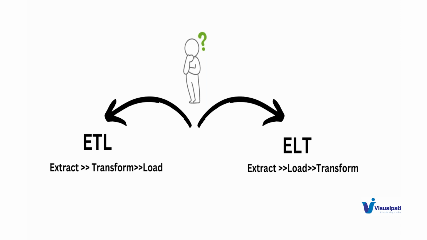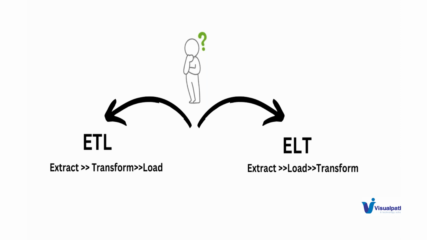The difference in both is that in the case of ETL, we would need a different tool or a computing environment to transform this data, and then we will load the data into the warehouse. In the case of ELT, the data is first loaded into the warehouse and then the transformation happens on the data. In both cases, different computing environments are used.